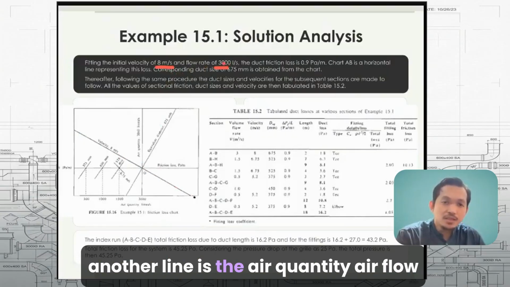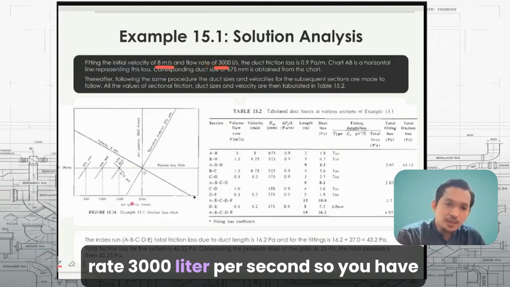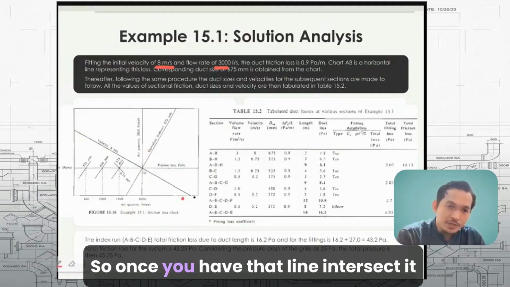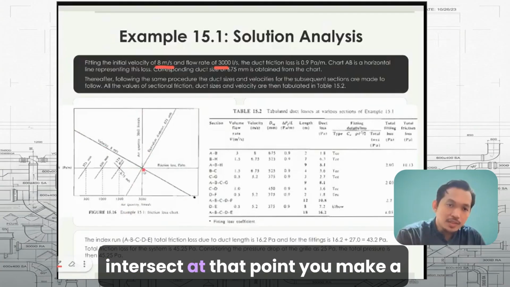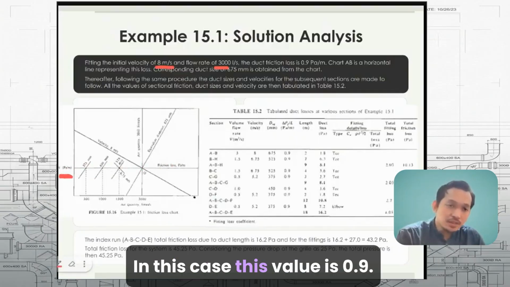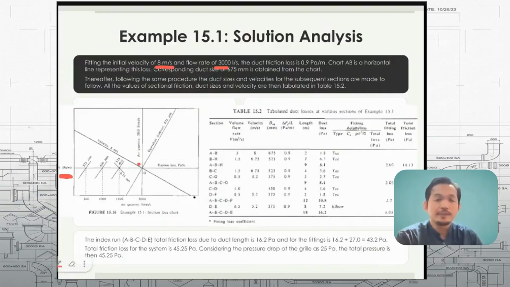Another line is the air flow rate, 3000 liter per second. Where they intersect, you make a horizontal line and read out this value. In this case, this value is 0.9.